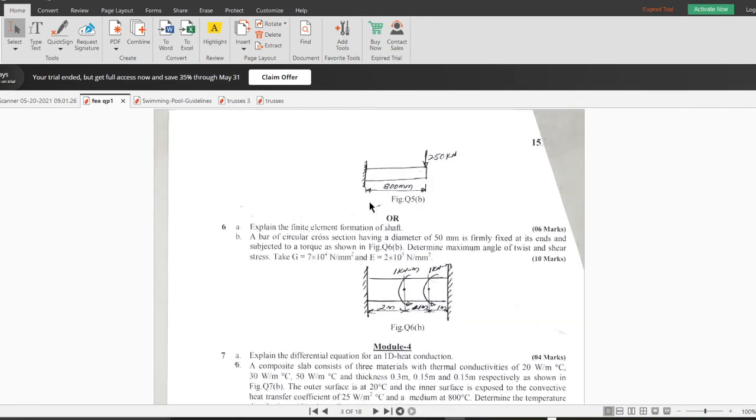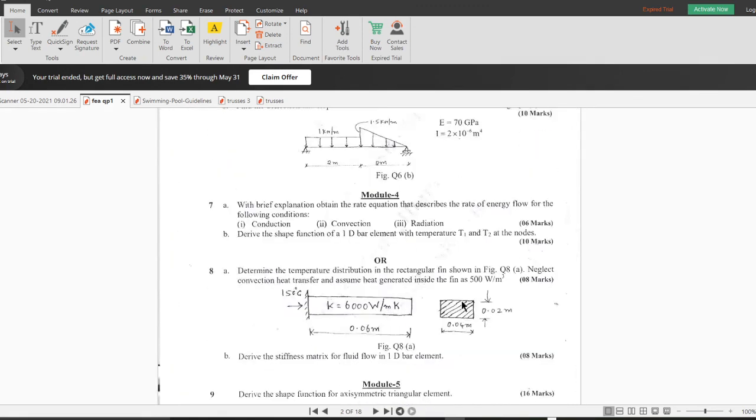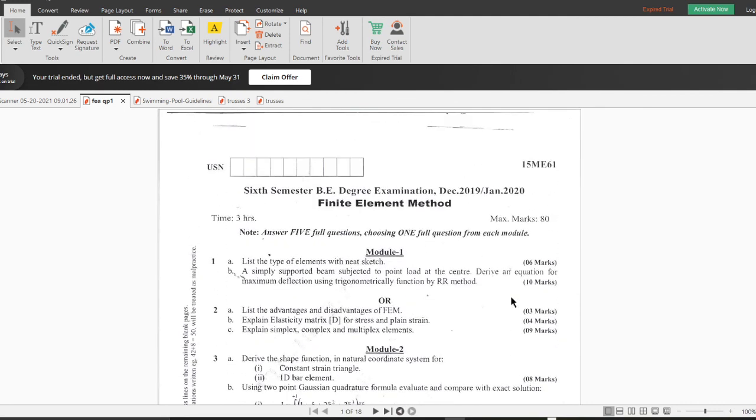Repeated one. So what we covered in problems is almost the same problem solved. If you practice that, definitely any one problem will come in the exam.